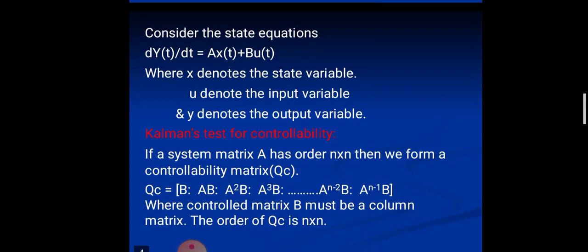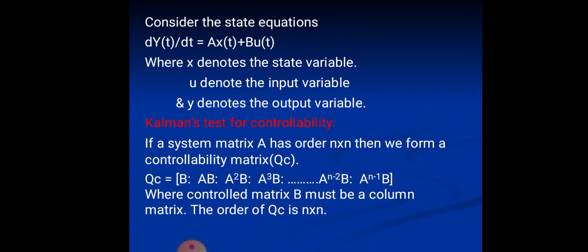Consider the state equation dx(t)/dt equal to Ax(t) plus Bu(t), where x denotes the state variable, u denotes the input variable, and y denotes the output variable. Kalman test for controllability: if a system matrix A has order n by n, then we form the controllability matrix QC.